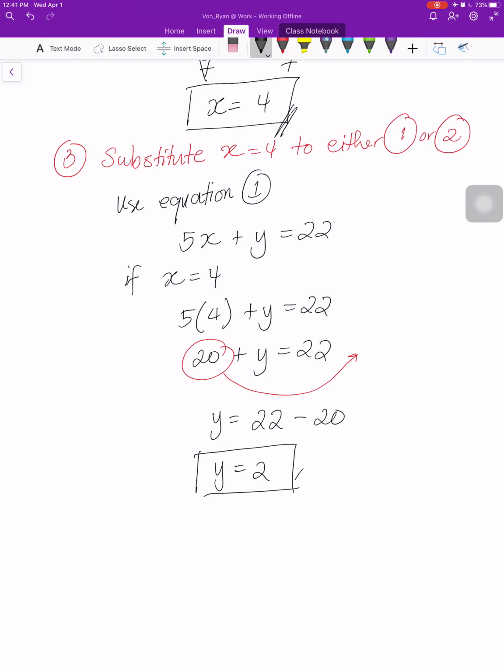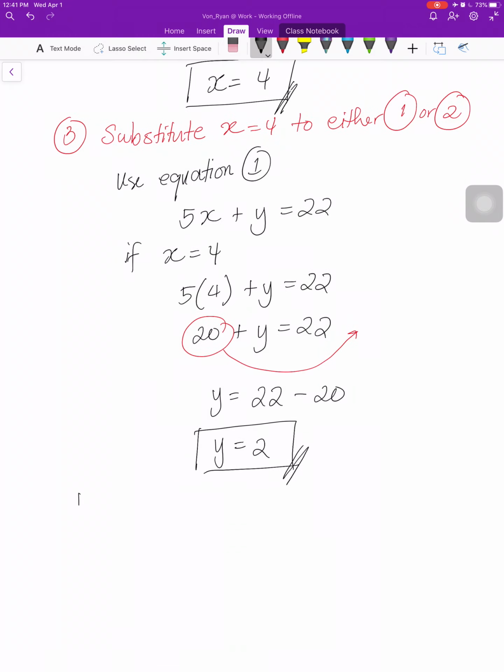And so that is your value for y. Therefore, the solution is 4 and 2, or you can say x equals 4, y equals 2.